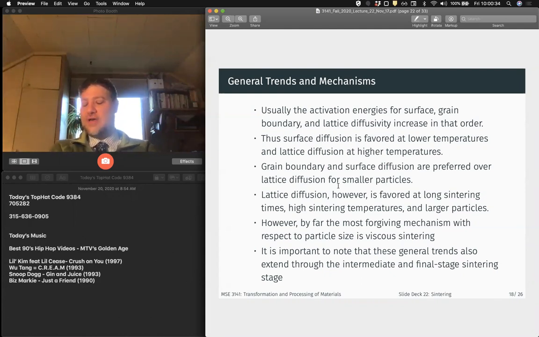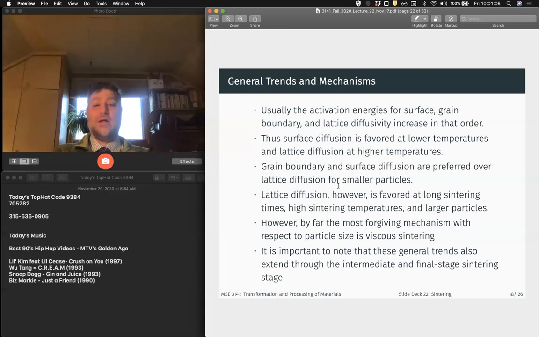The fraction of atoms at the surface is going to be much higher. And then once things start to come together during the intermediate stage, we're going to have a much higher fraction of our atoms at grain boundaries, right? So for smaller powders, we're going to have an increase in grain boundary and surface diffusion.